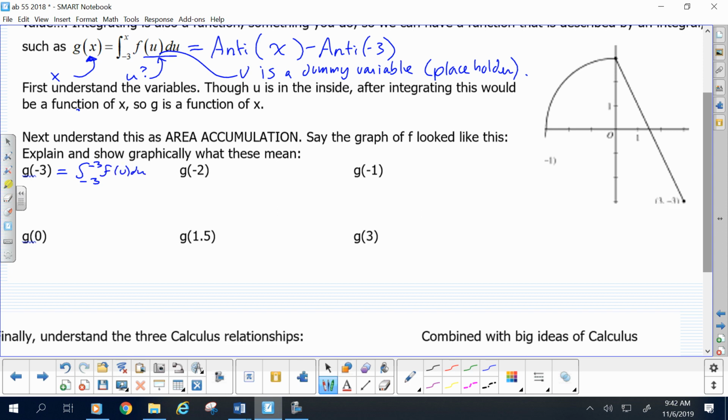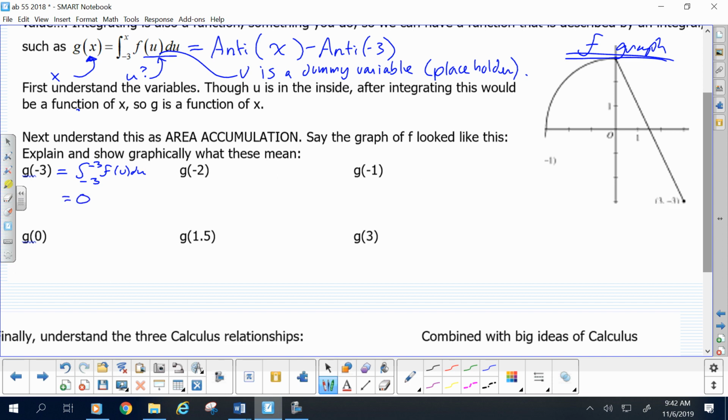That means g of -3 is the area accumulated. This is the curve, by the way. This is F's graph. I don't think I ever labeled that in my work, which is atrocious, but that's the F graph. The g of -3 is how much area you get from going from -3 to, well, to -3. So how much area do you accumulate? Zero, because that's an area with no region, so that's 0.